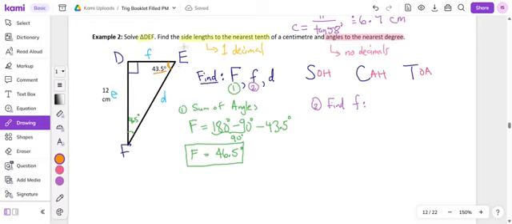Based on angle E, what is the opposite, adjacent, and hypotenuse side? Well, I know this is the hypotenuse. I know this side is opposite from angle E, and this side right next to it will be adjacent.